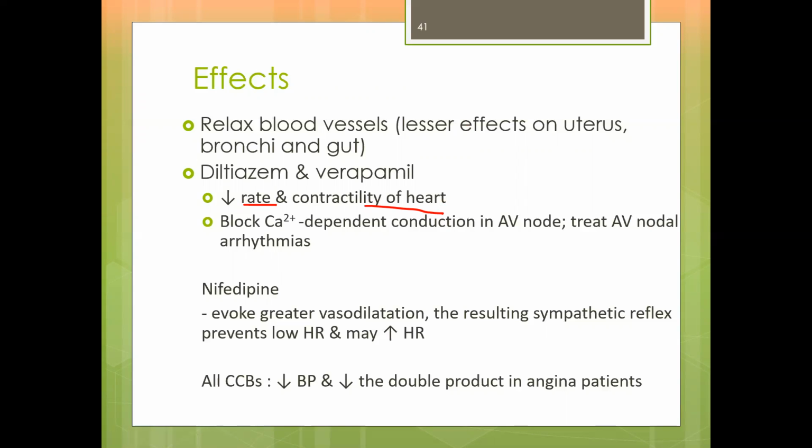And it also blocks the calcium-dependent conduction in the AV node, atrioventricular node. This is the reason why these drugs are used to treat atrioventricular nodal arrhythmias, okay? AV nodal arrhythmias. So we can use diltiazem and verapamil to treat AV nodal arrhythmias.